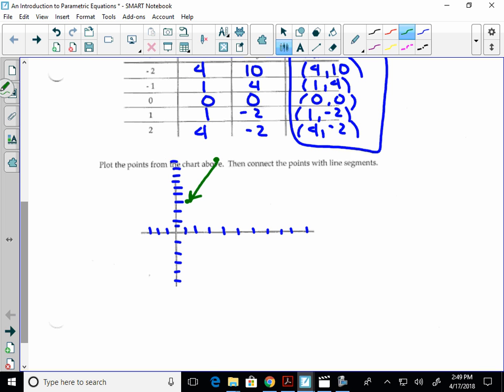You're going to see little arrows in your book on the graphs, because that's showing you which way it's graphing. My next one is (0, 0), (1, -2), and (4, -2). It's going to say connect the points with line segments. So we connect the line segments, and then we would have these little arrows showing which way it's graphing.